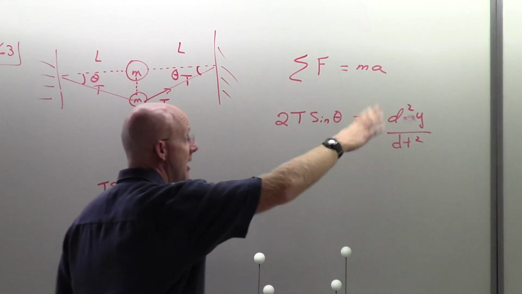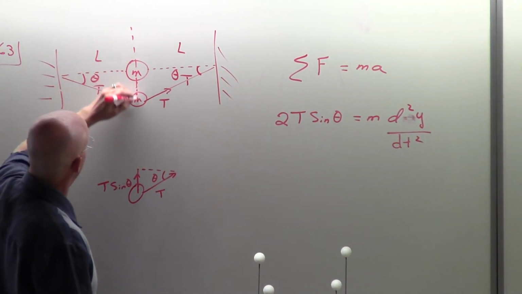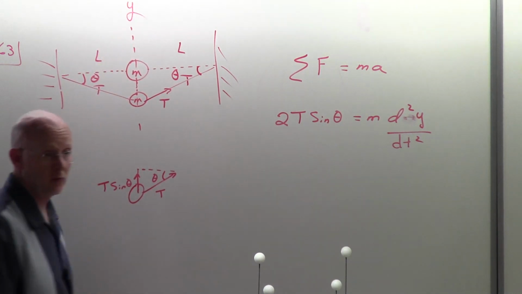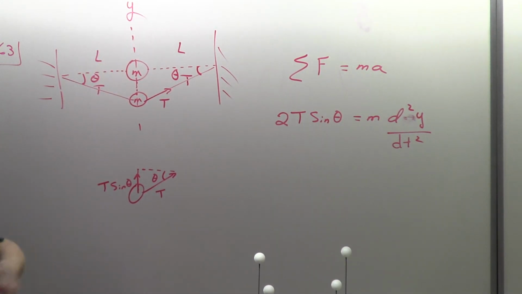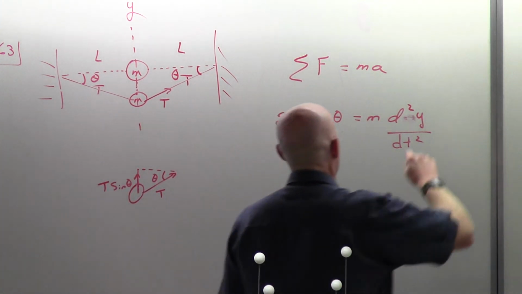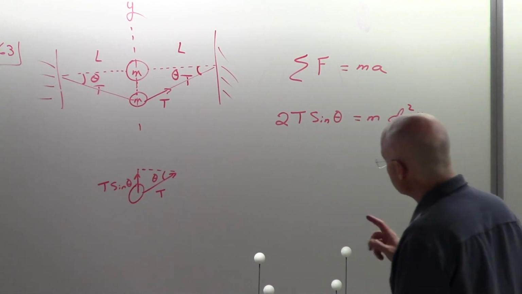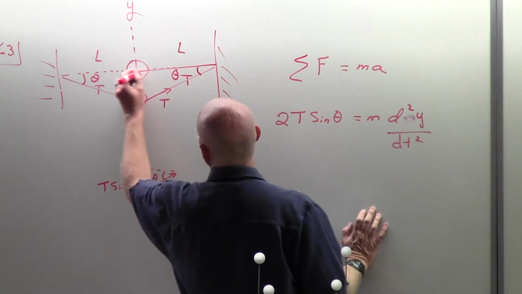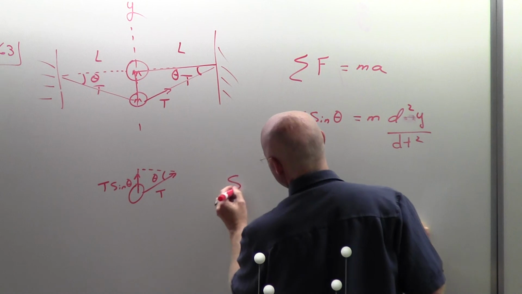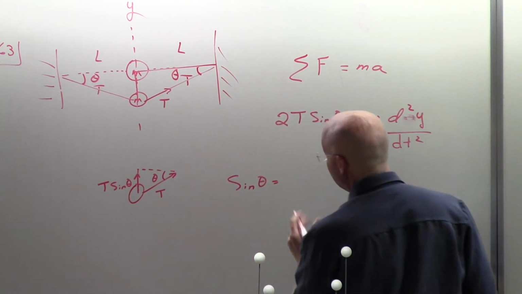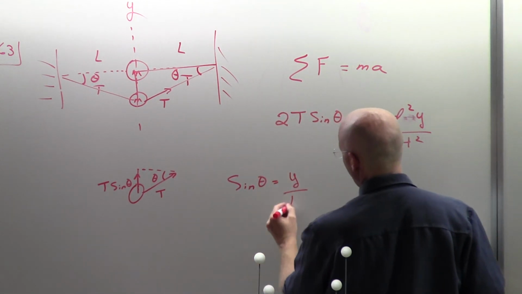And then, since I'm talking about motion in the vertical here, I'm going to put a y. Or maybe this is an aerial shot, so it's back and forth. Not going to worry about the effect of gravity. But as I pull it to the side and let it shake back and forth, this then is my equation. But also, as I look at the geometry here, doesn't sine theta equal y over L?